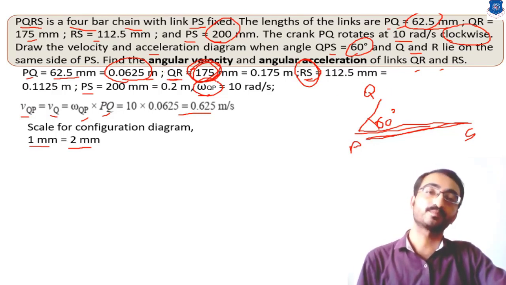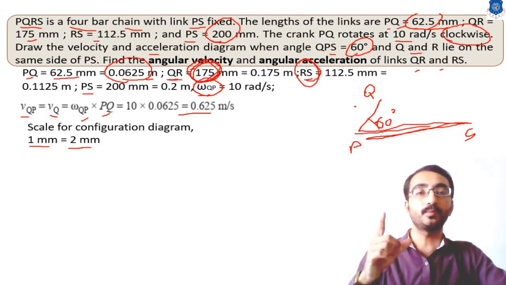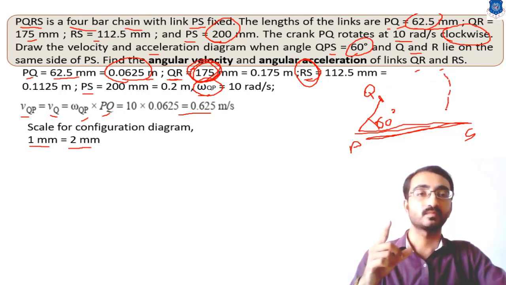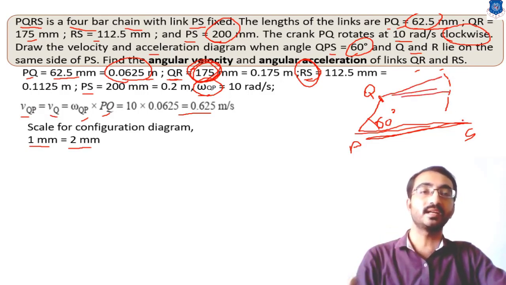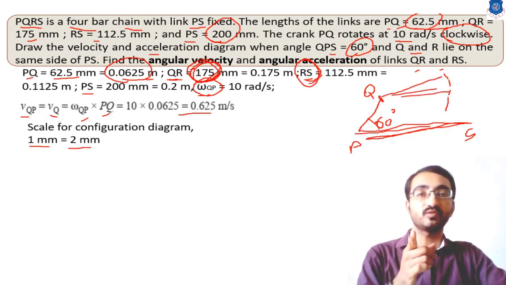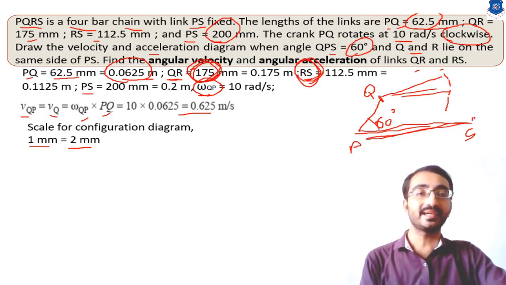Take your rounder, put the pointer on point Q and make an arc of QR length on this sketch. Similarly, with RS length, make S your center point and make an arc. This intersection will give us point R.